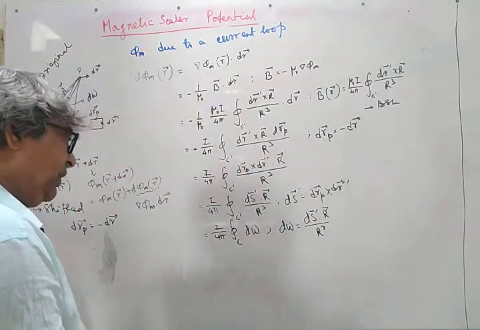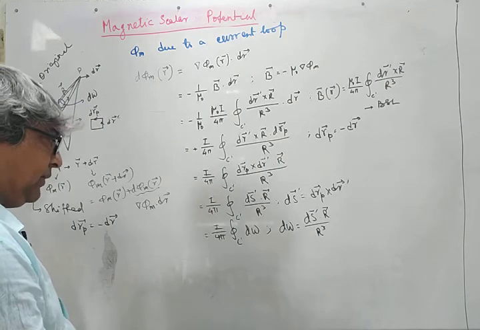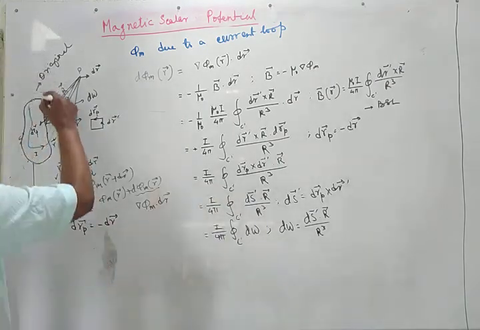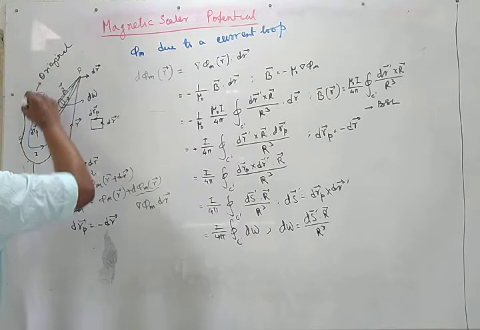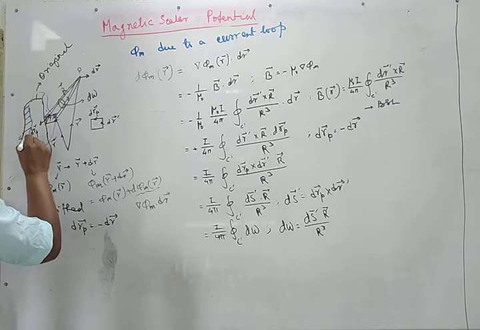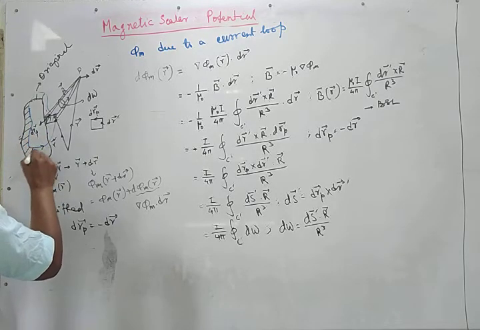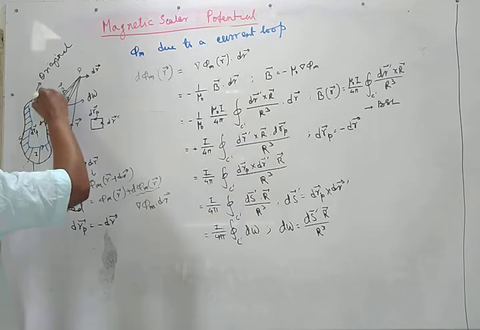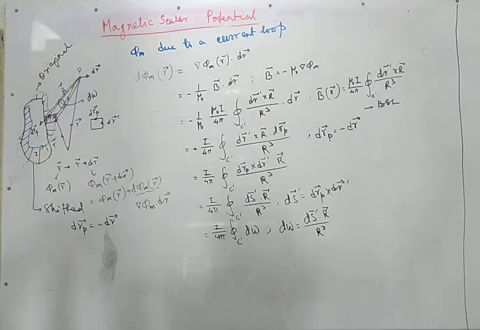And if we integrate over the contour, what we get is the total solid angle subtended at the field point by the entire conductor between its original position and the shifted position.